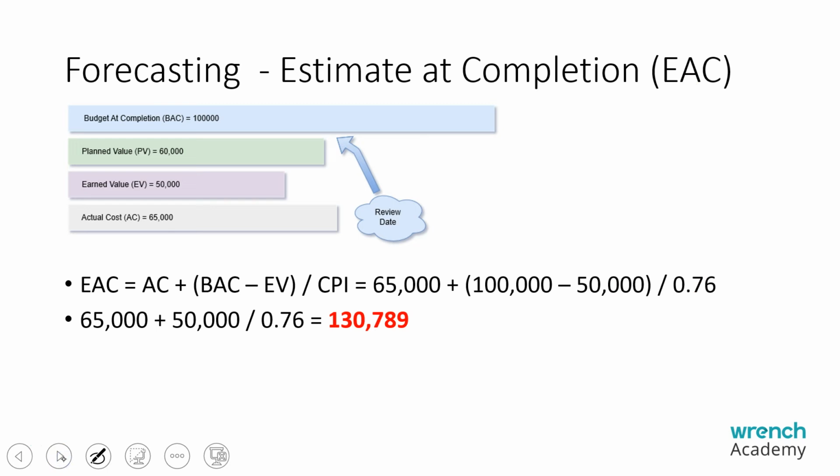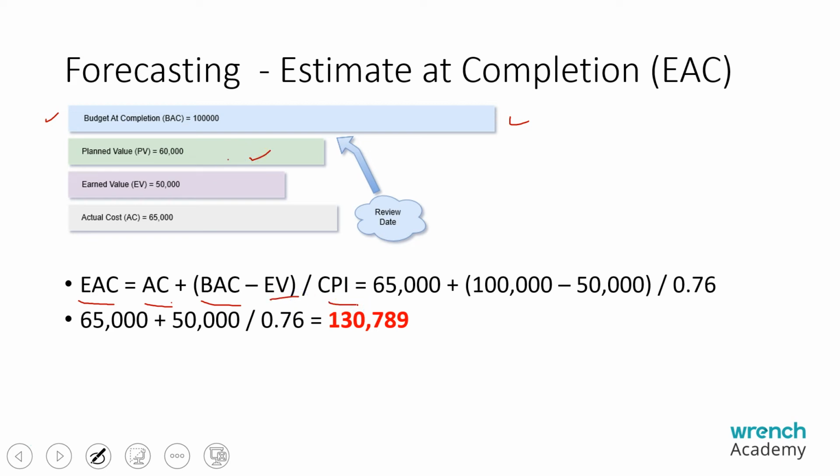So a little bit of forecasting here. Estimated completion is the forecast. Estimated completion is actual cost plus the total budget of the project from start to finish minus earned value, divided by the cost performance index.